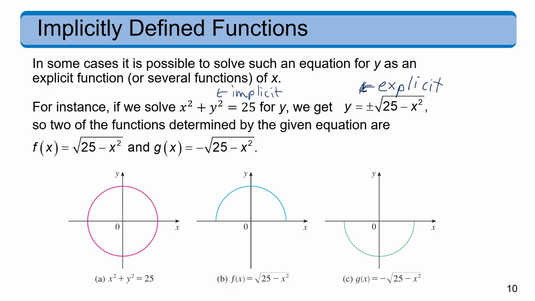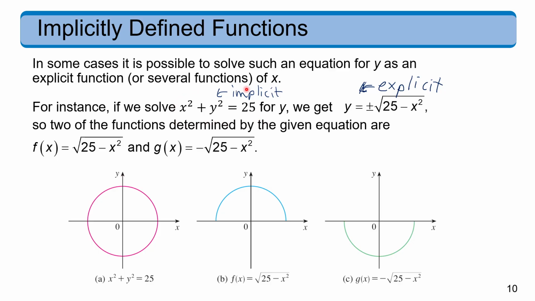So we can consider the graphs too. Before we do, notice that because of the plus or minus, there are actually two separate explicit equations that correspond to this one implicit equation. Now let's think about the graph.